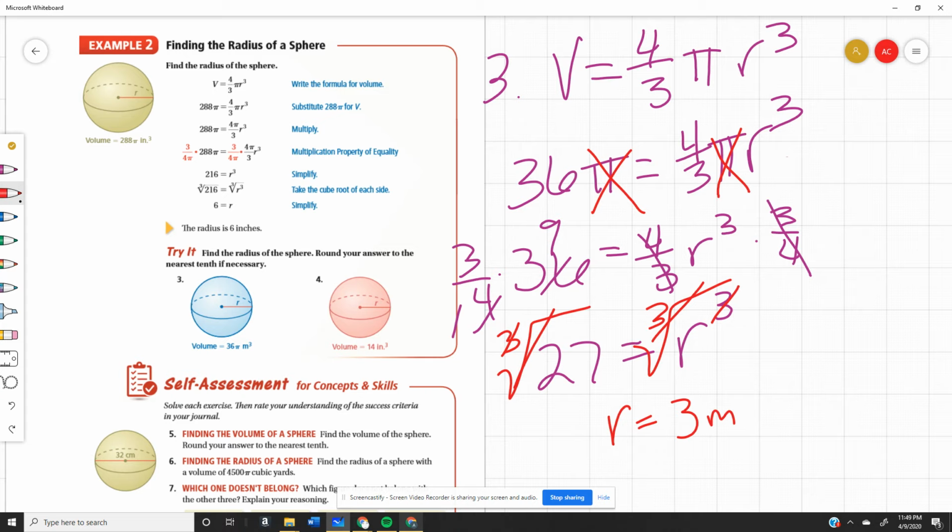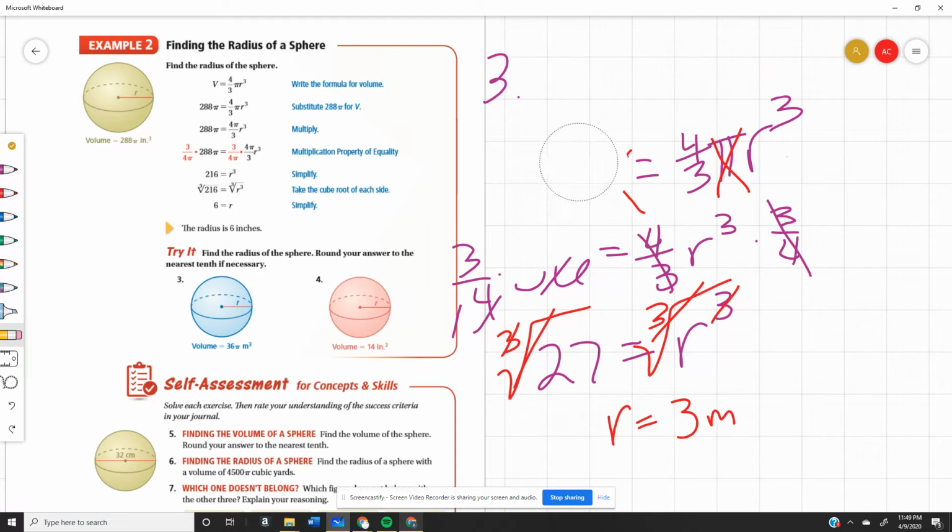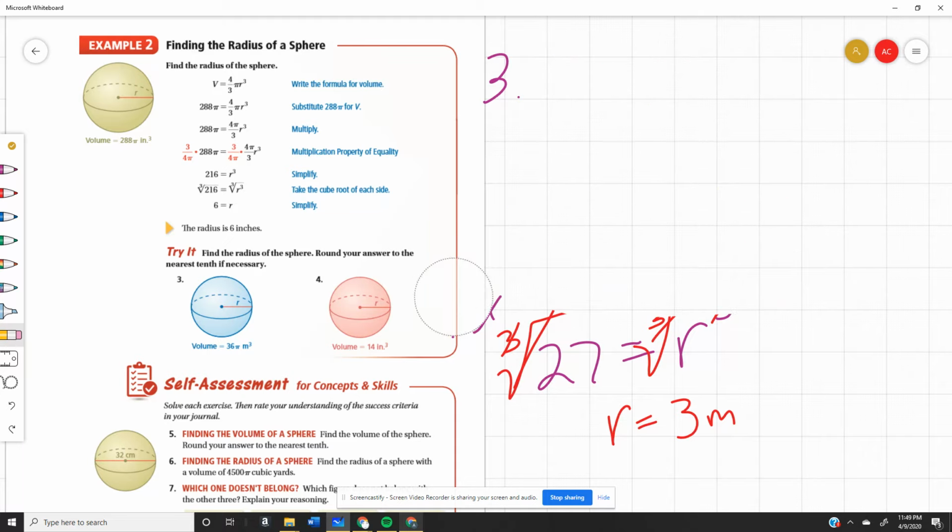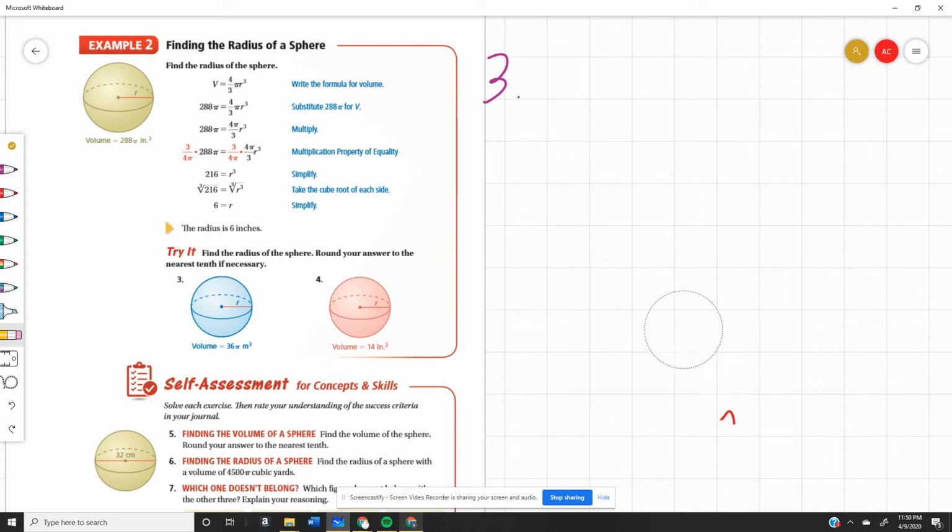Okay? So I think of it as because there's pi on each side, I don't have to worry about pi. Let's look at number 4. And guys, that only works if there's pi on both sides when you're solving for volume. So for instance, in number 4, they give me that the volume is 14 inches. So V equals 4/3 pi r cubed.